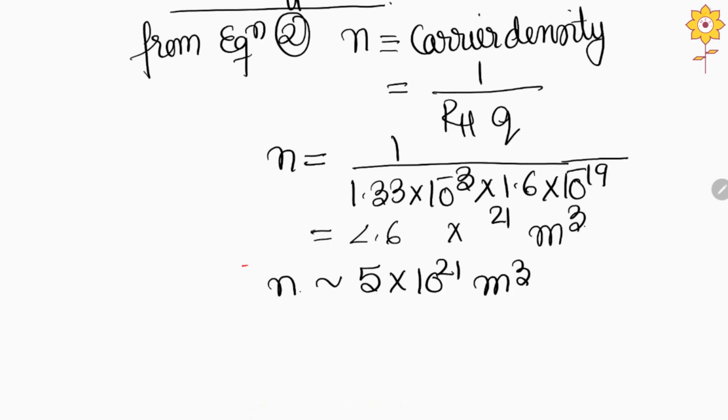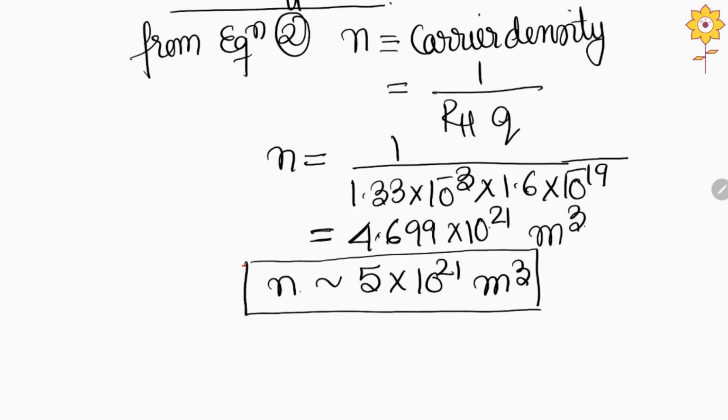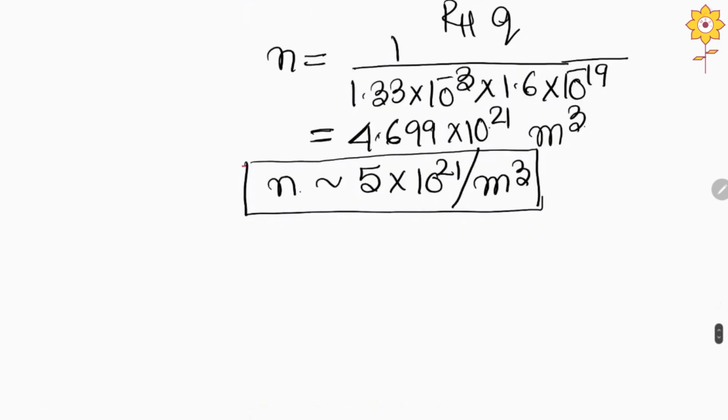This is going to be the density of the majority charge carriers in the given semiconductor sample, which is extrinsic in nature, and that is going to be 5 into 10 raised to 21 per meter cube. So we have solved the first part, the A part over here. This is the answer to A.